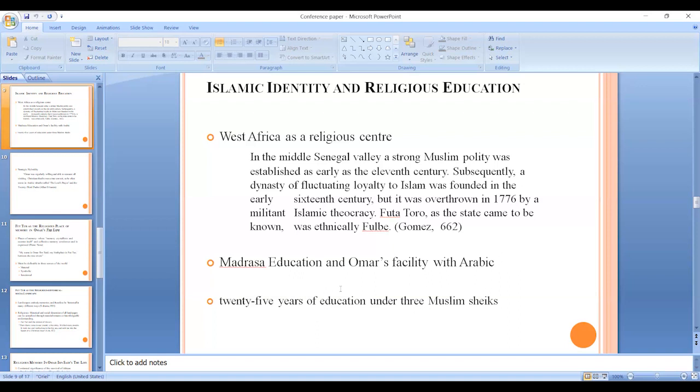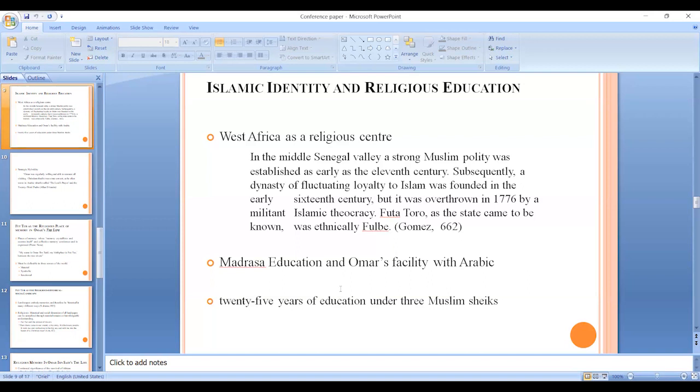And subsequently, Futa Toro, the place where Umar ibn Said belongs, became a very powerful and learned center in those days. So Umar completed his 25 years of education under three Muslim sheikhs, and it was in Futa Toro that his religious as well as cultural experiences were shaped.